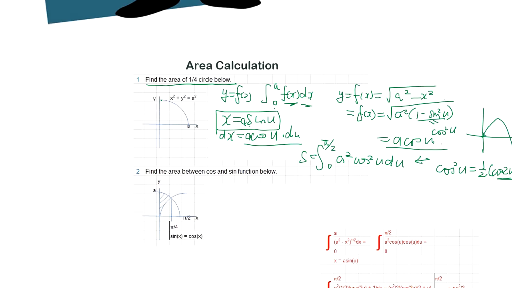We have to take the integral over the range, but this 2u is going to come back to 0. So the integral of this is going to be 0. You get it?